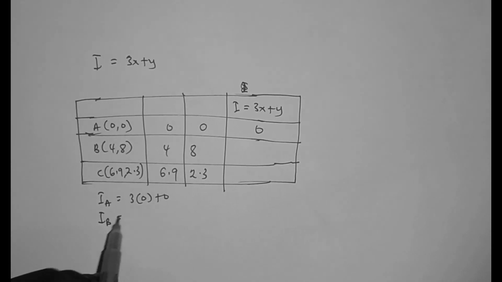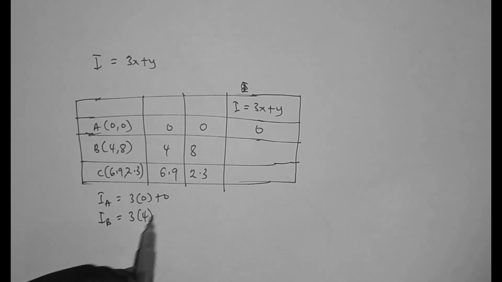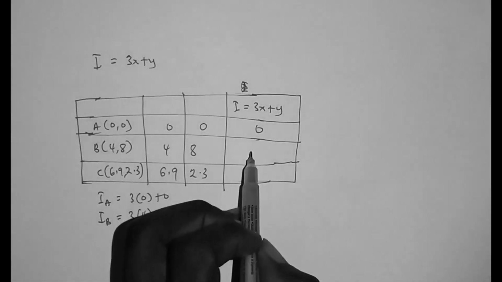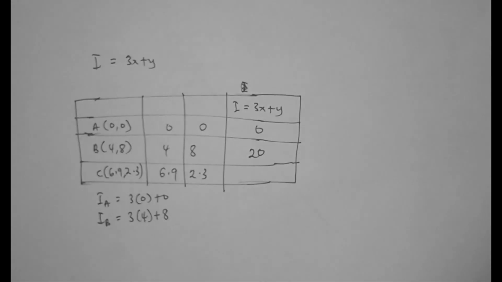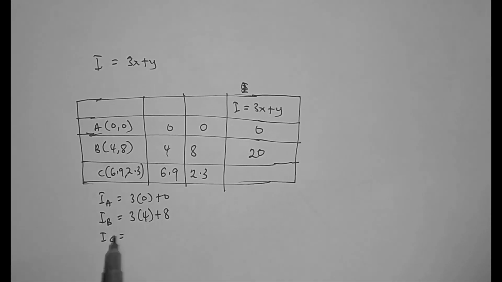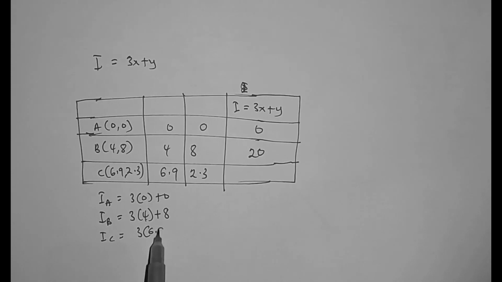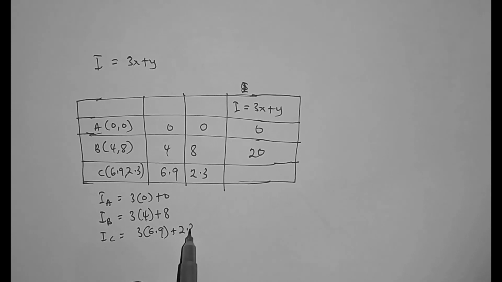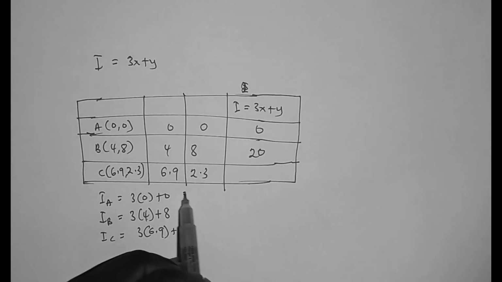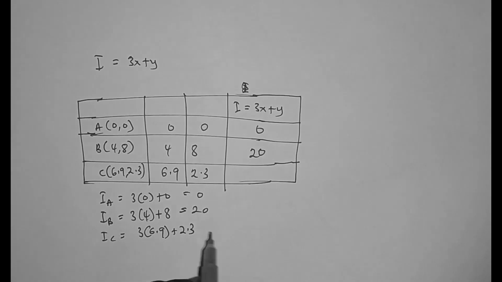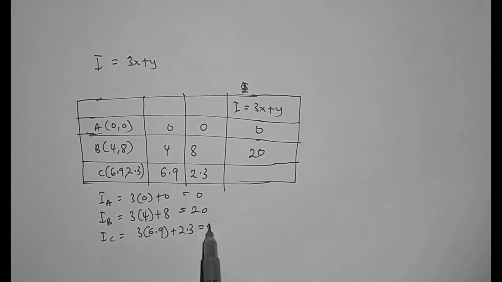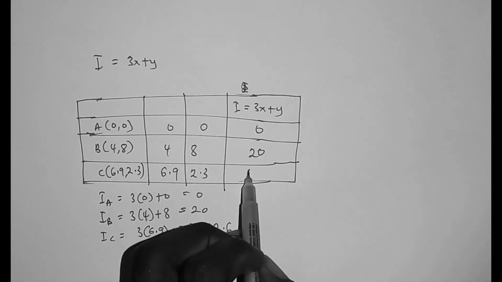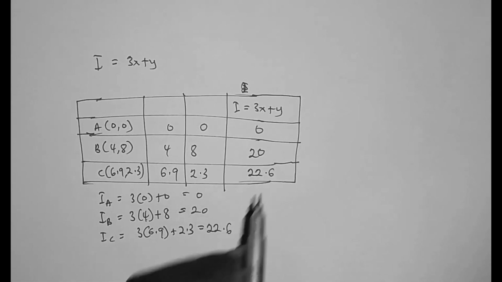What is I of B? It is 3 times 4 plus 8. 3 times 4 is 12 plus 8 will give us 20. Then I of C equals 3 times 6.9 plus 2.3. So this one is 0, this is 20, and this is equal to 22.6.